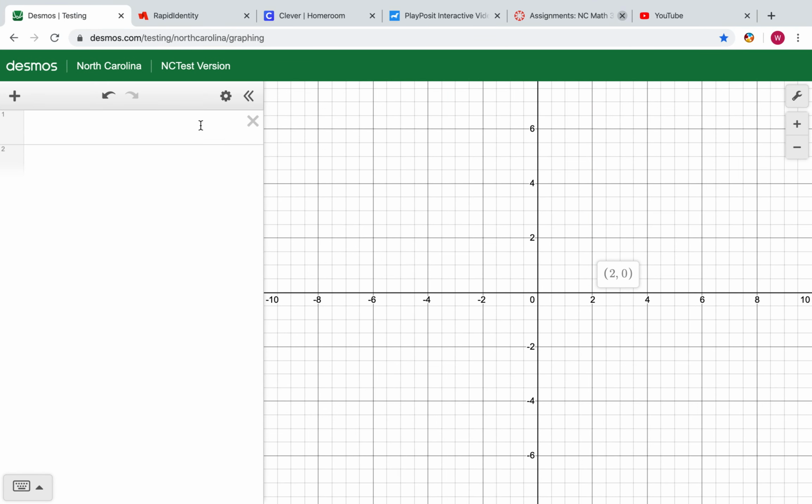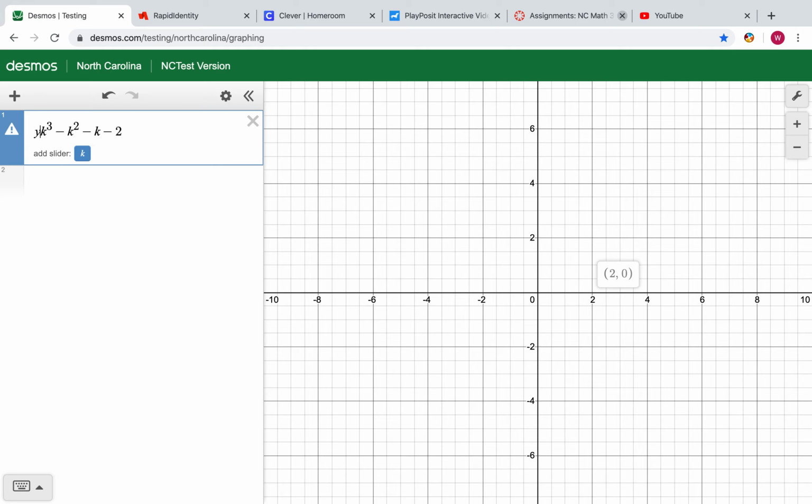Well, we just go back to the graph and type it in: k cubed minus k squared minus k minus 2. It won't let me add a slider for k. That's because graphing calculators, even Desmos, don't like variables besides x and y.